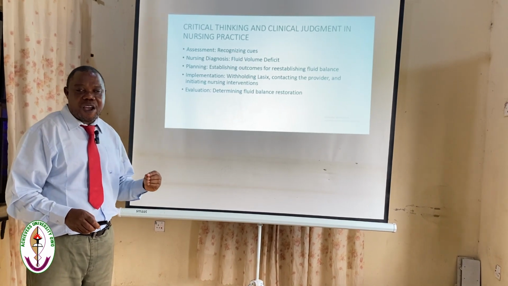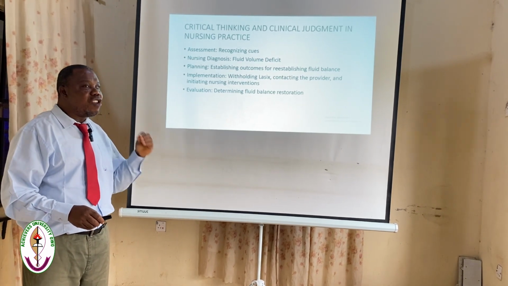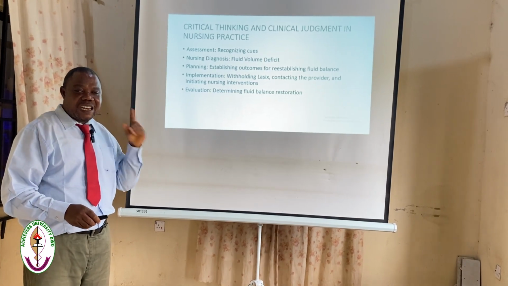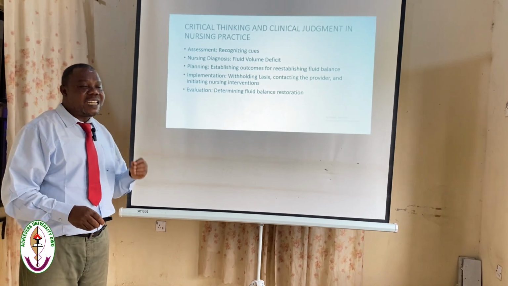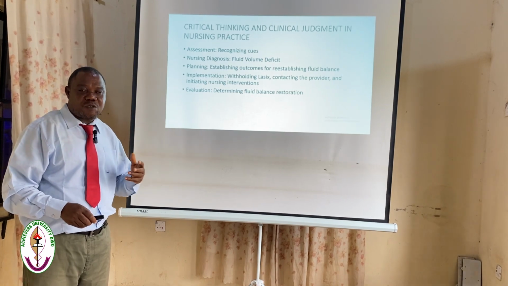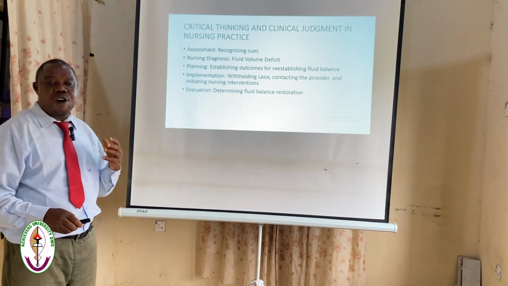Planning outcome for re-establishing fluid balance. That is the planning. And then he also planned to withhold Lasix and inform the management team. He now evaluates his actions after 24 hours. He noticed that the patient has gained enough fluid.